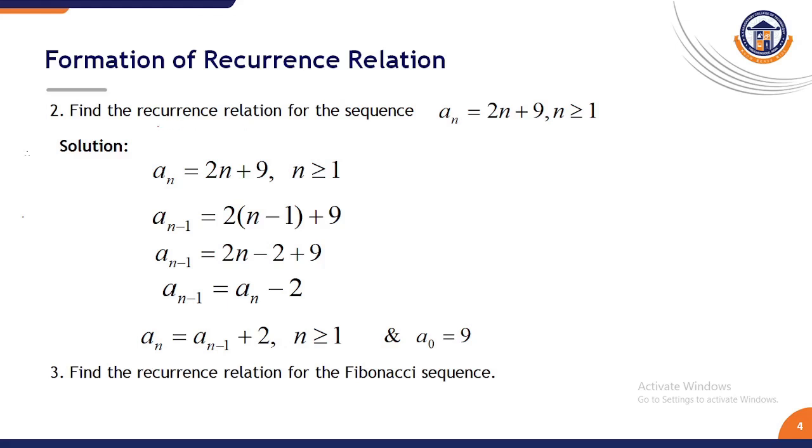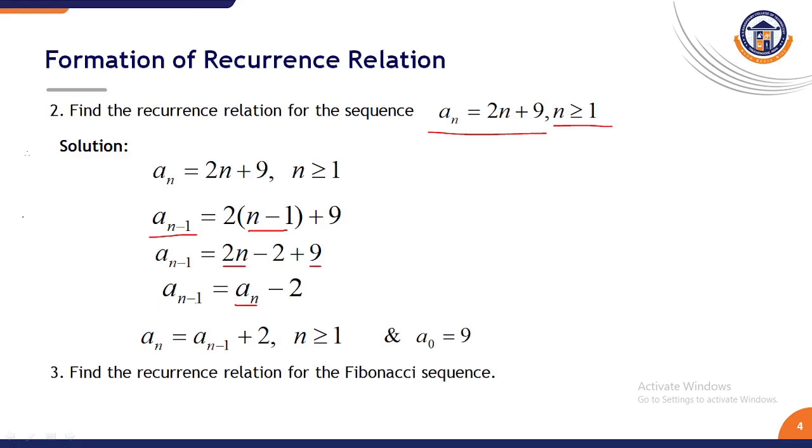Now the second problem. Find the recurrence relation for the sequence an equal to 2n plus 9, where n is greater than or equal to 1. So its previous term is an minus 1. So replace n by n minus 1: 2 into n minus 1 plus 9. This 2n plus 9 is equivalent to an.